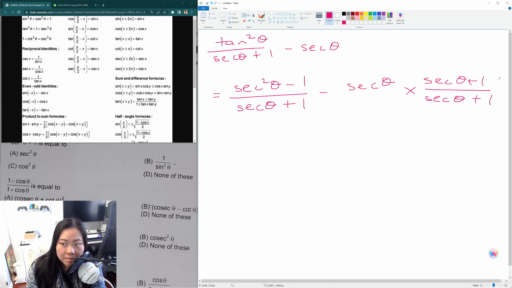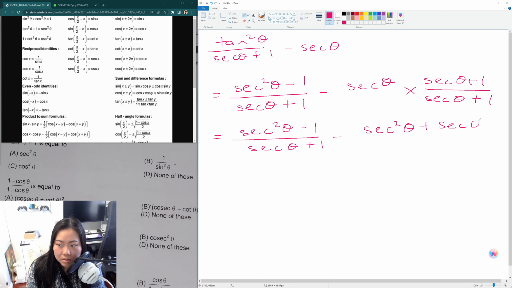So I'm essentially multiplying by 1, so I'm not changing the fundamental value of sec theta. Therefore, we get sec squared theta minus 1 minus sec squared theta plus sec theta all over sec theta plus 1. Now that they have the same denominator, I can combine these 2 fractions.